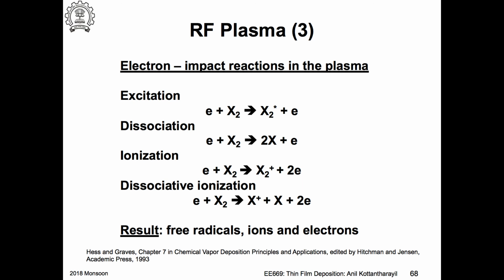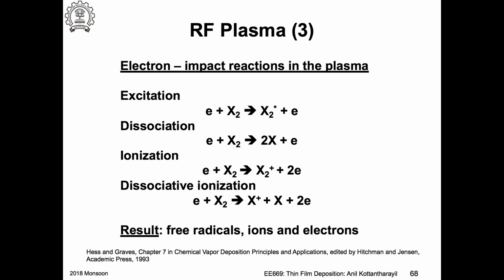It then interacts with a molecule, a diatomic molecule, and many things can happen. One of them is that it just transfers the energy to this molecule and does not break it. The molecule has higher energy, but it's not an ion and it's not split up.